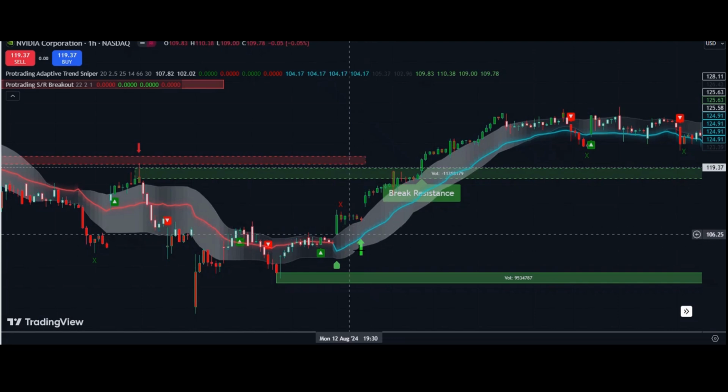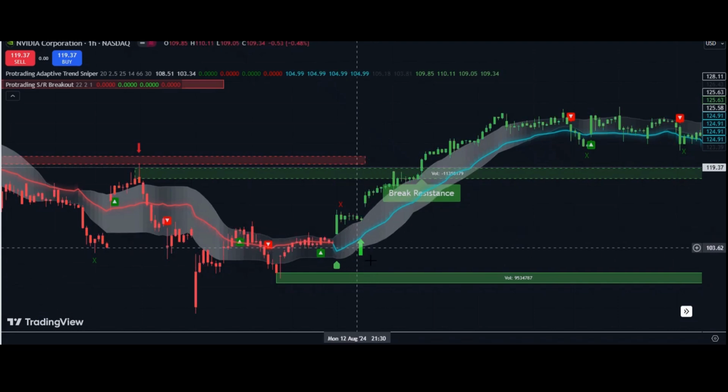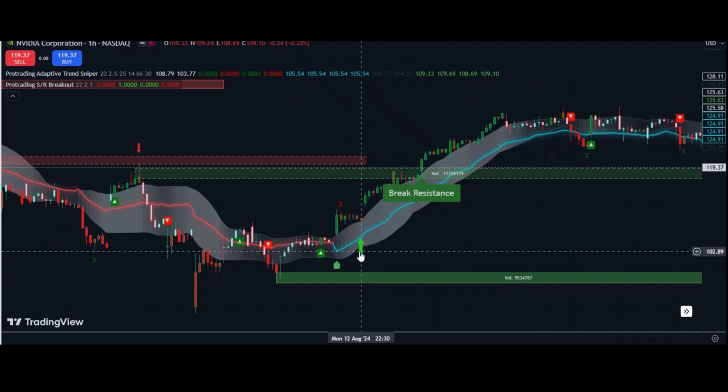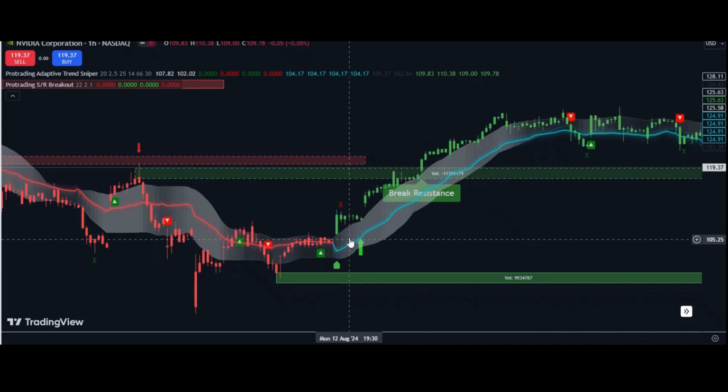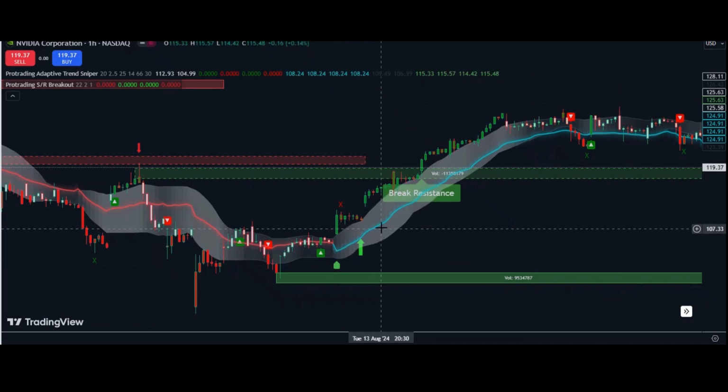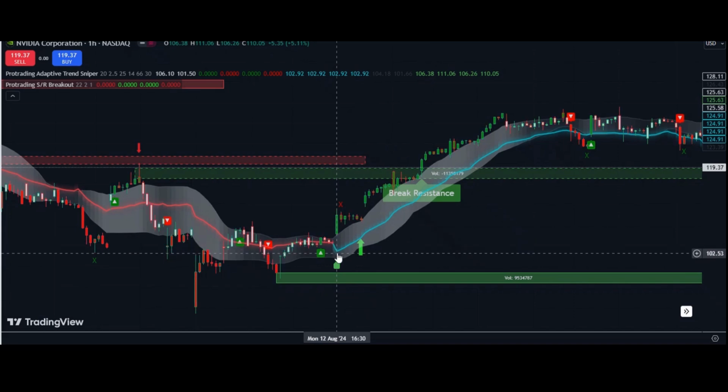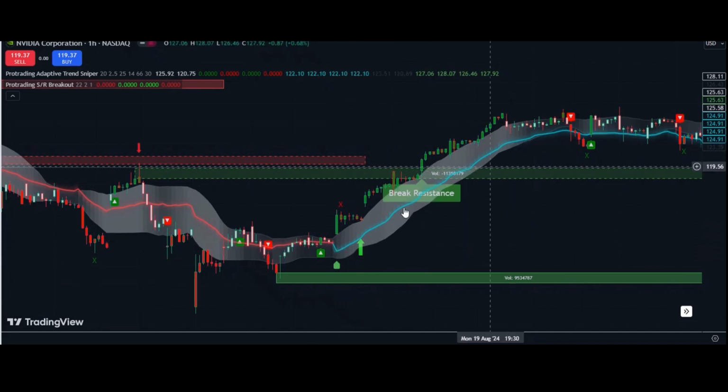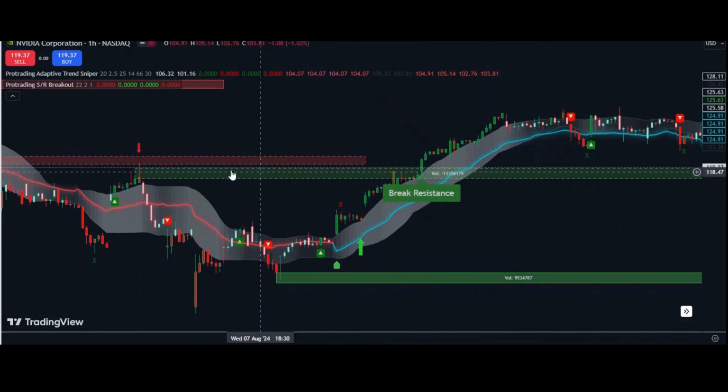When you see this big arrow, this indicates that the buying momentum at this point is very strong. So it's an opportunity for you to take a buy trade, having understood that you are already in an uptrend. These levels which you see on the chart, the red is telling you that it is a resistance level.